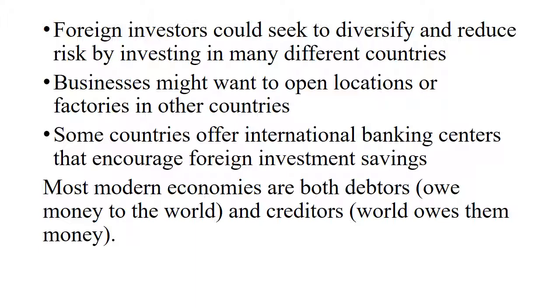Also, businesses might choose to expand into other countries. They are deciding to open up new locations. Sometimes countries offer tax incentives for businesses to start up there. So you'll see money flowing overseas. That would be an outflow of funds as businesses decide to start new locations somewhere else.